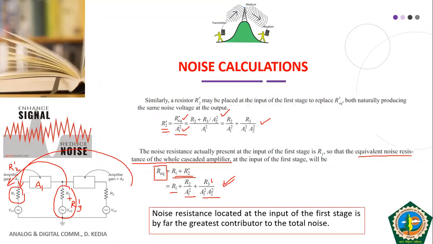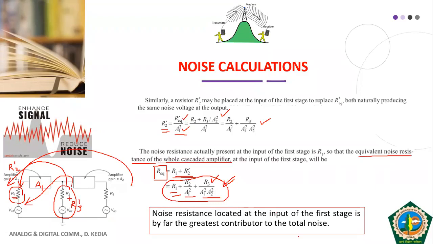So we have divided R3 by A1 square, A2 square. R2 has been shifted only once, so R2 has been divided only by the A1 square. R1 has not been shifted at all, so it is R1. So this is how we can easily calculate the equivalent resistance in case of cascaded amplifier.